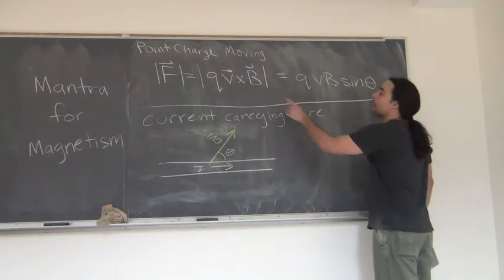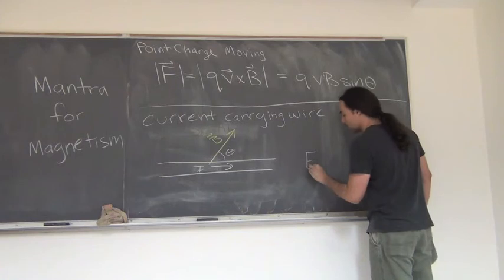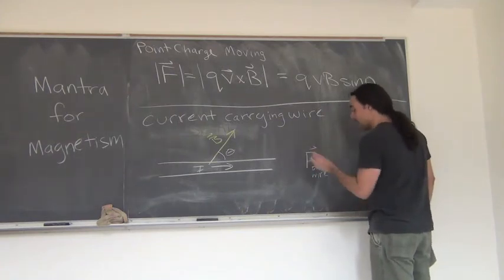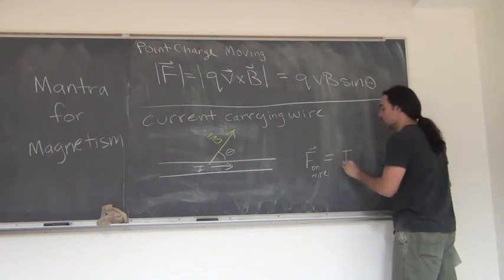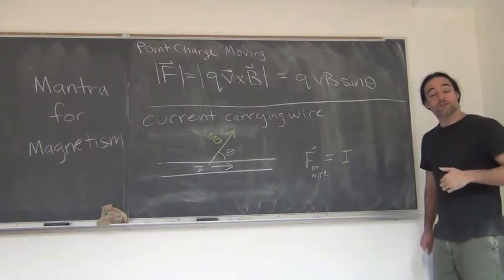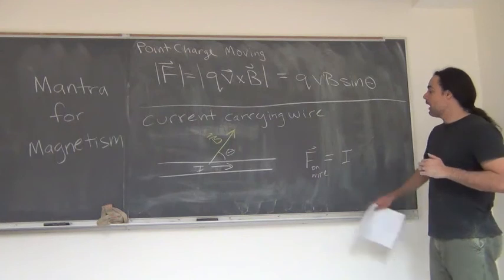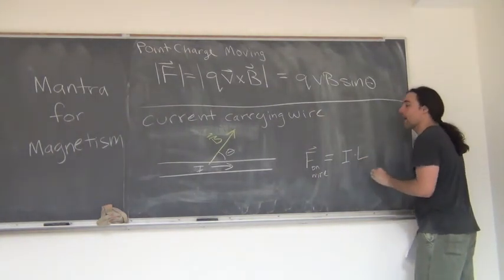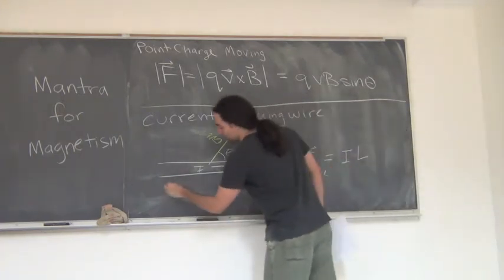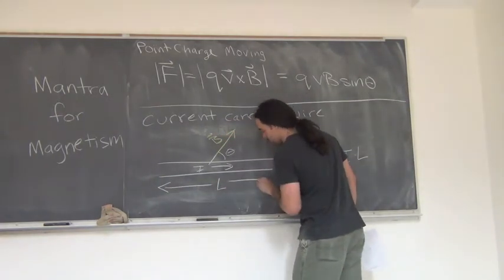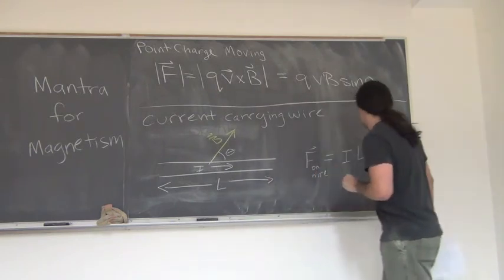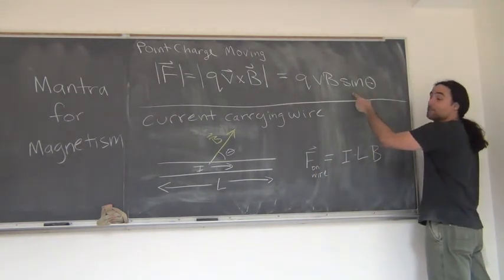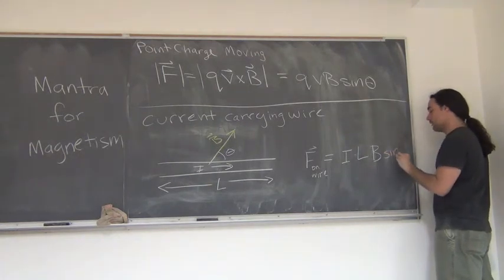Well, the force on the wire is again going to depend on the current and how fast those individual charges are moving, but the current's going to take care of that. So instead we're going to multiply by the length of the wire. The wire has some length L, times the magnetic field. And again, since it's really a cross product, it depends on the sine of that angle.